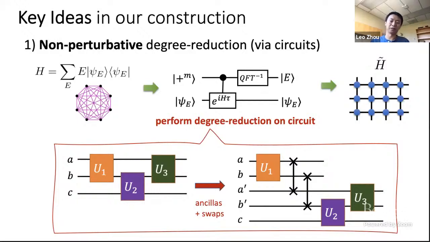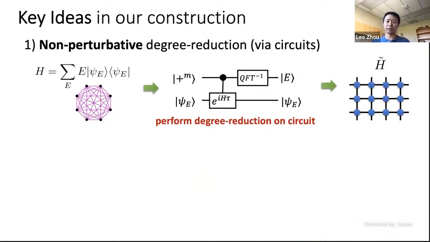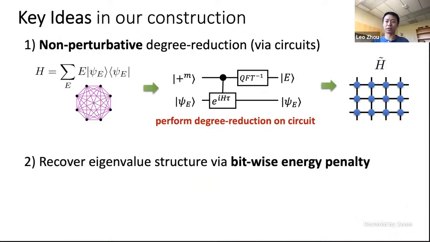But this trick on its own is not enough because we still need to be able to distinguish the eigenvalues between different eigenstates. And this can be done via a second idea, which is making use of the fact that, in the phase estimation circuit, the energy is written down as a bit string on the ancilla at one point.